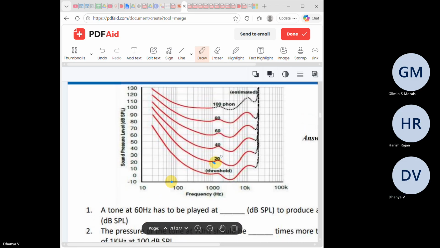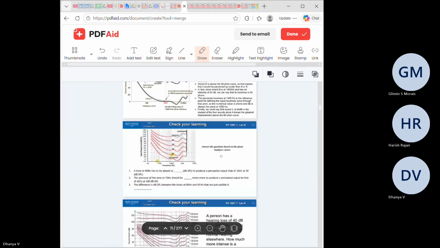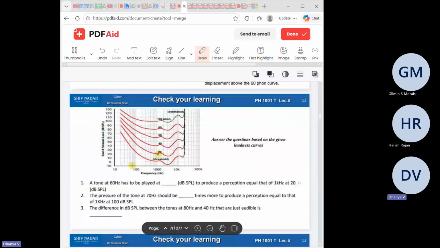So 1 kilohertz at 20 decibel, and then there's 60 hertz. So you found 60 hertz.